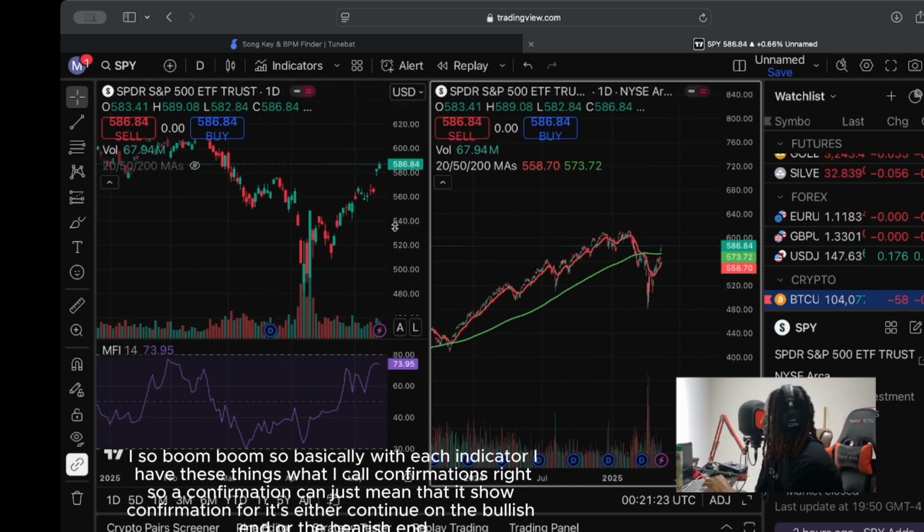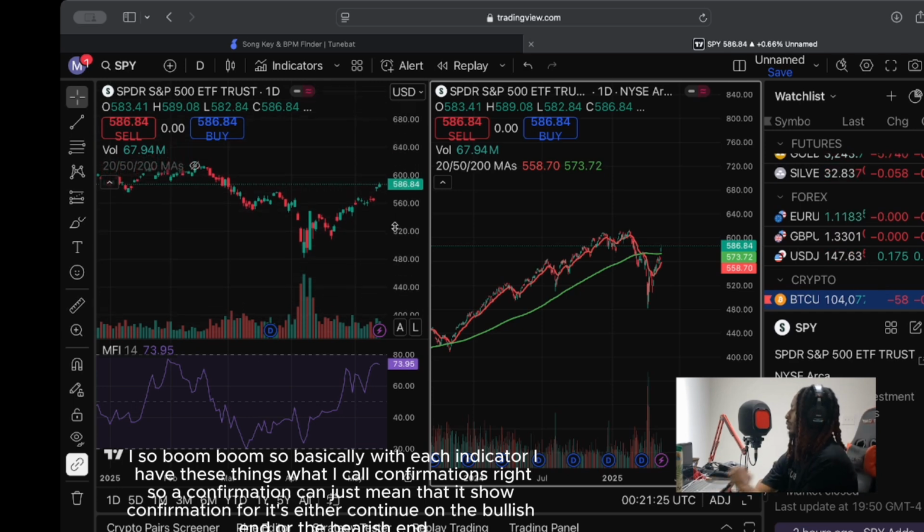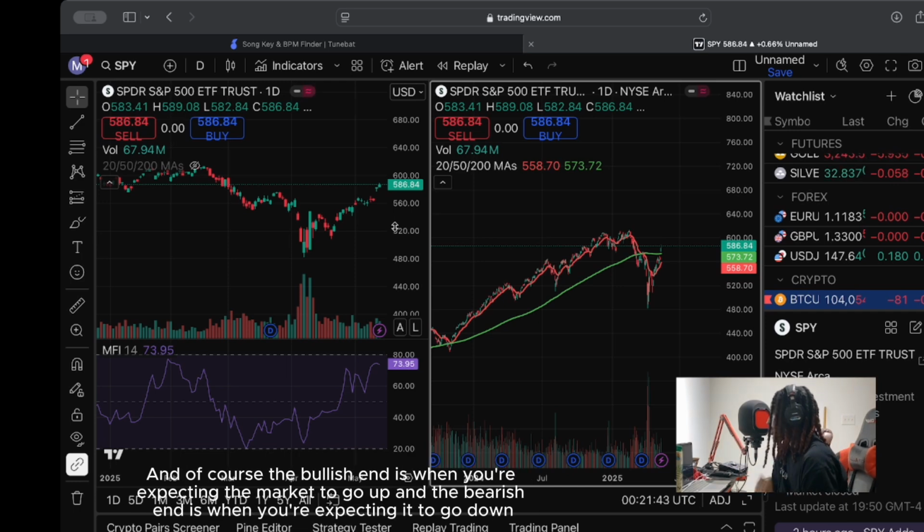So basically, with each indicator, I have these things I call confirmations, right? A confirmation can just mean that it showed confirmation for it to either continue on the bullish end or the bearish end. And of course, the bullish end is when you're expecting the market to go up, and the bearish end is when you're expecting it to go down.